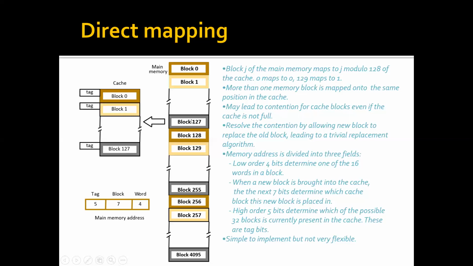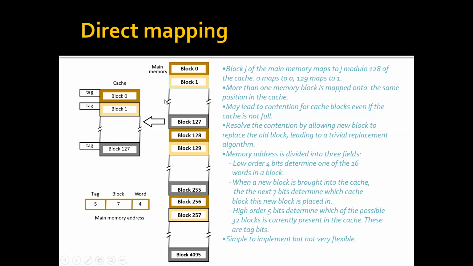As these blocks are mapped into a particular block, we cannot keep them in other locations. So we resolve the contention by allowing the new block to replace the old block, leading to a trivial replacement algorithm. So if the same block is requested, then I have to go for the replacement.